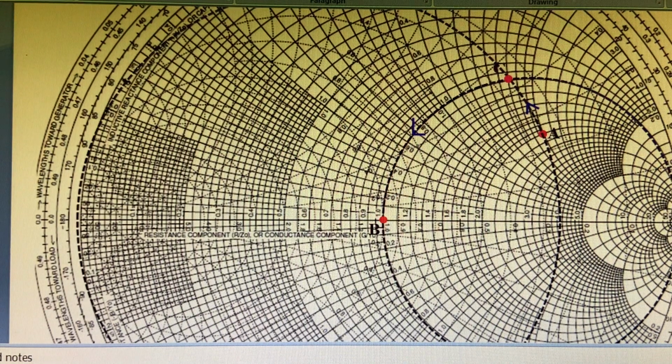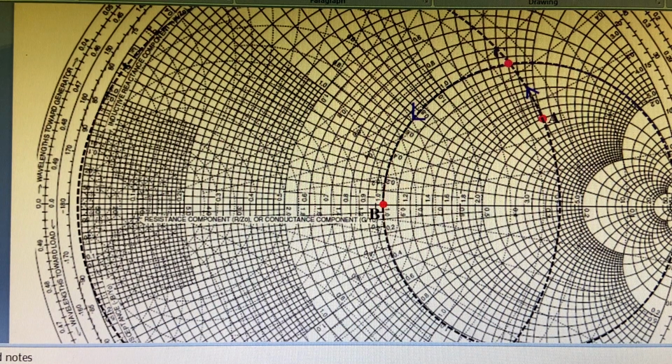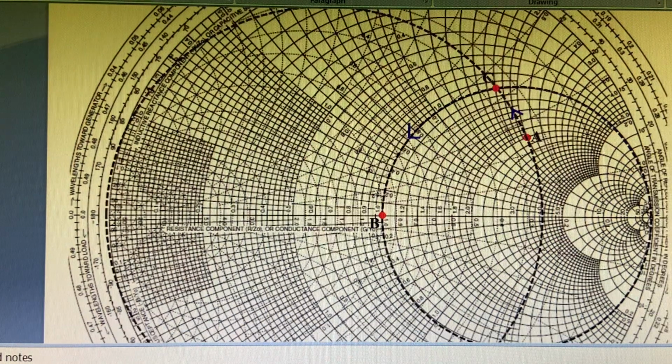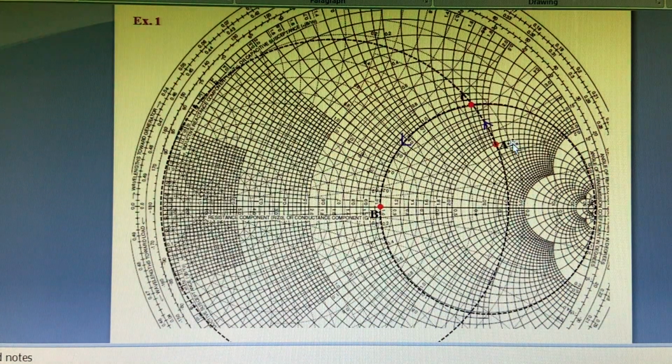The 0.3 circle is passing through the point, so here this is the 0.3 circle.